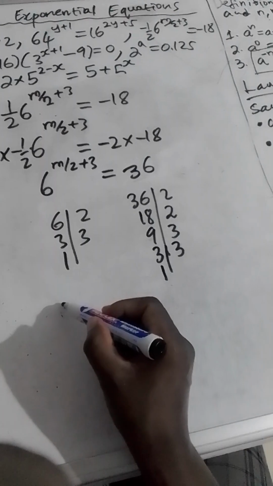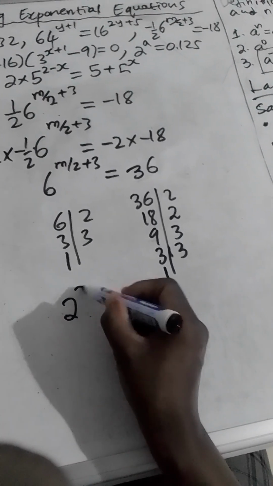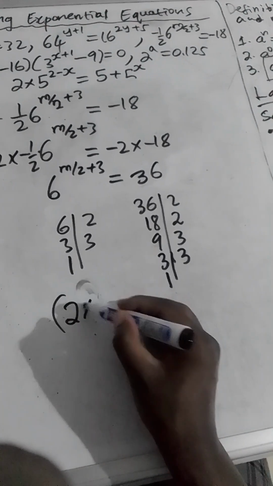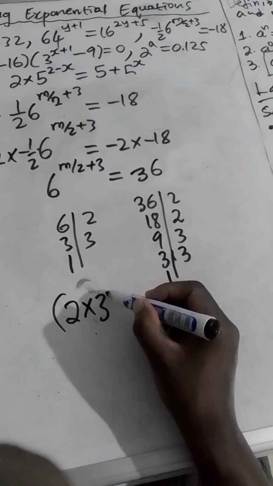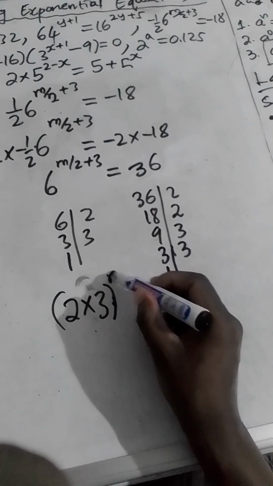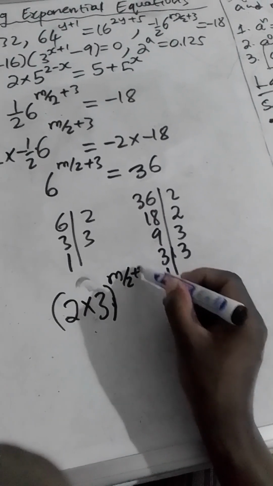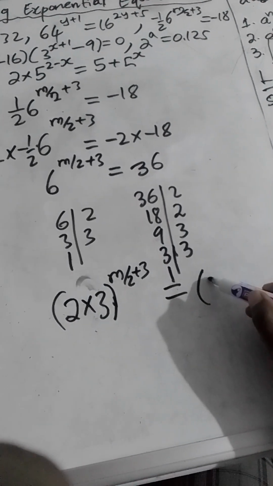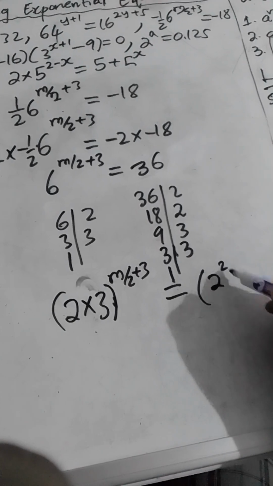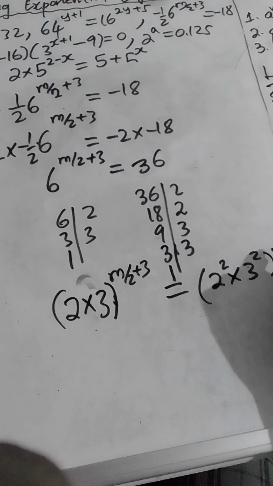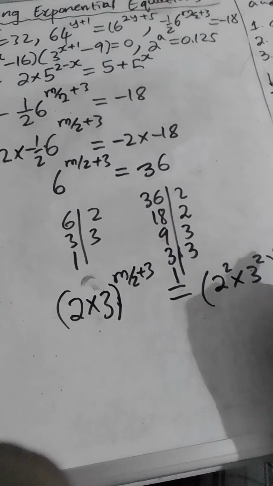So what you were going to have here was 2 to the exponent 2 times 3, sorry, to the exponent m over 2 plus 3 equals, here we're going to have 2 squared times 3 squared to the exponent, what? Just 1. There's no exponent there, so it's 1.